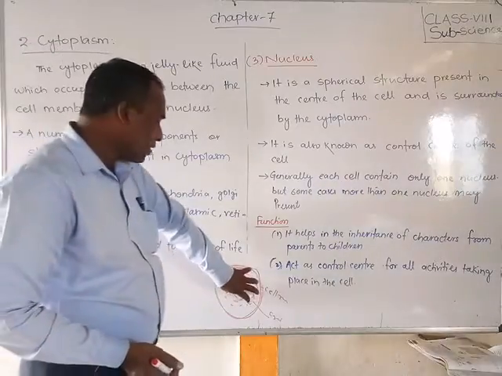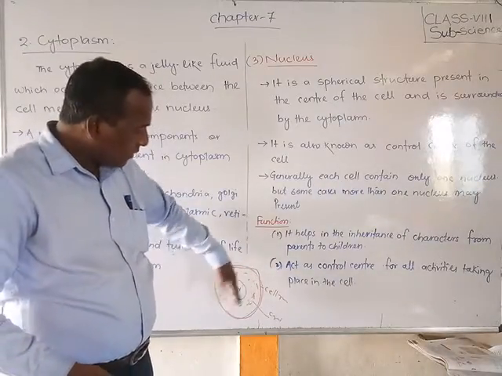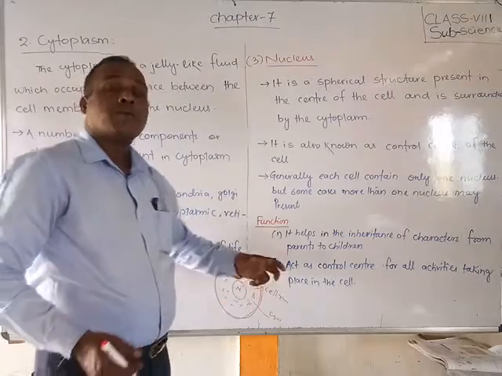So the cytoplasm lies in the middle, between the cell membrane and the nucleus. It does not separate them; it is one full space between the cell membrane and the nucleus.